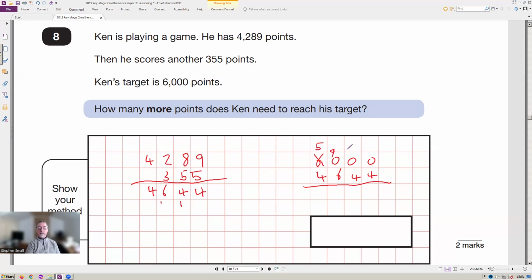It's like 5,990. And we borrow a 10 from there. That's right. 4 from 10 is 6. 4 from 9 is 5. 6 from 9 is 3. And 4 from 5 is 1. So there's our answer. Put it in there. Okay, is that correct? I think so.